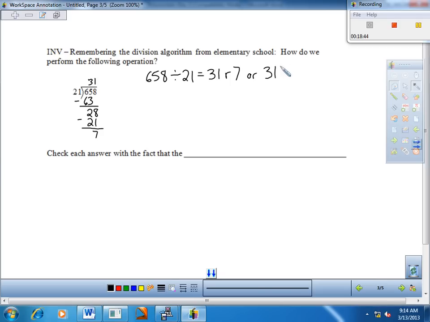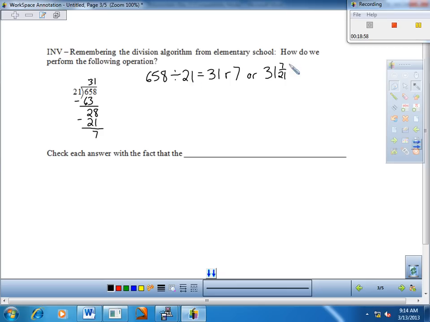So I guess the way I would say this is that there are 31 and 7/21 groups of 21 that go into 658. So there are 31 and, I know this is 1/3, of course, so there are 31 and 1/3 groups of 21. Everyone okay with that?